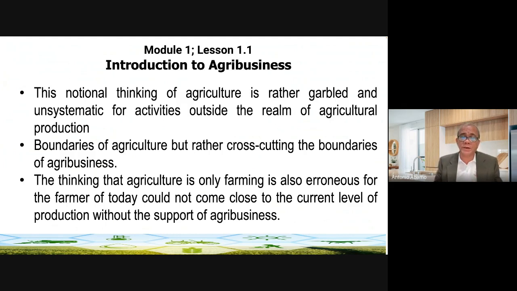But rather, these different factors outside of production actually define the real boundaries of agribusiness, because agriculture this time is not merely production; there is a whole gamut of factors that affect agricultural production, and that exactly is what we call agribusiness.